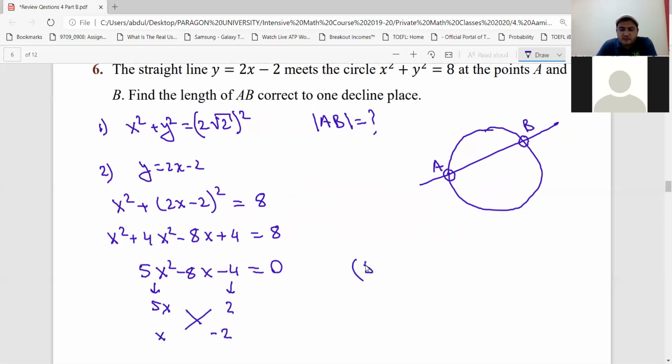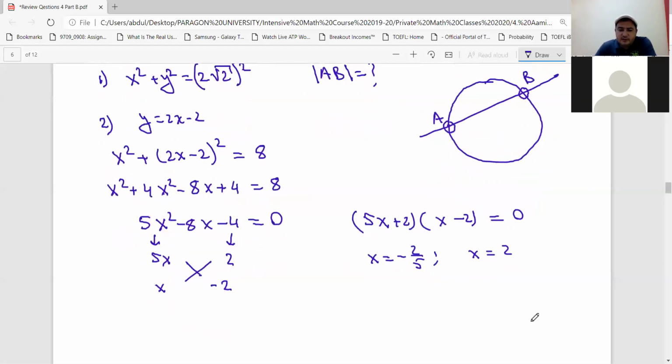So we can factorize as (5x plus 2)(x minus 2) equals 0. From here, x equals negative 2 over 5, or x equals 2. Okay, let's say this one is x sub 1, and this is x sub 2.